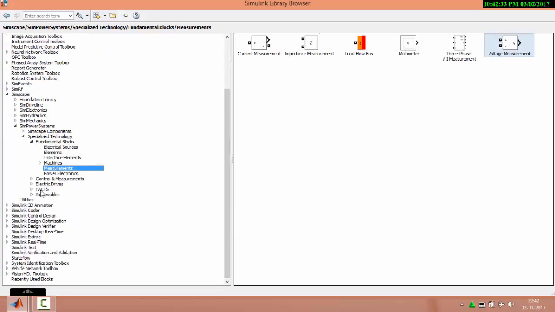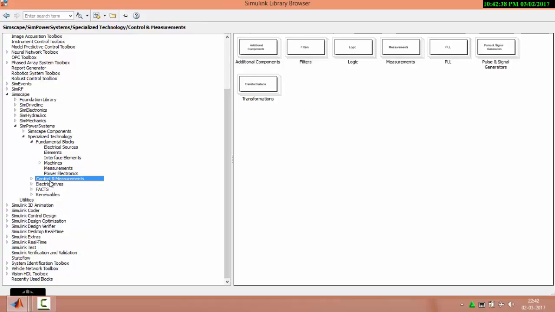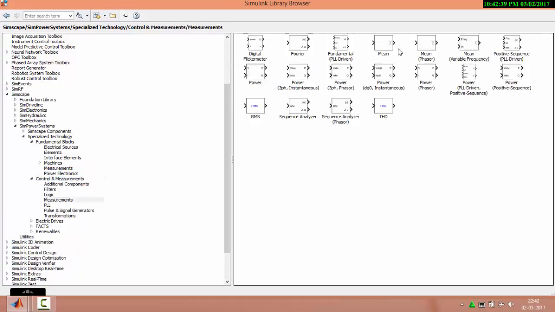The next thing we need is, we know that in an AC source you have to measure the RMS value, and you can get your RMS block from Sim Power Systems, specialized technology, control and measurement, and in the measurement folder you will have RMS.